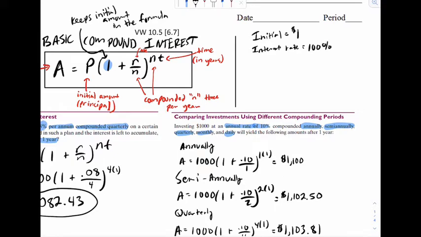So a really good interest rate. Let's see what happens. So we're going to do 1 times 1 plus 1, right? Because the interest rate is 100%. And we're going to compound it a lot. Like, let's do like 1,000,000. And let's compound it for a year. And let's really see what happens.